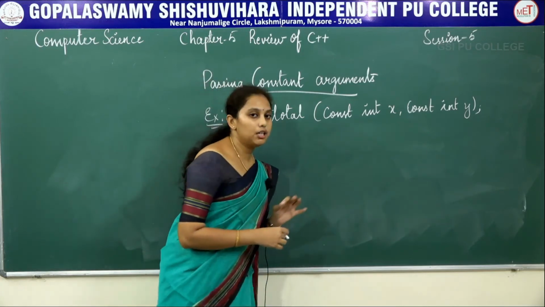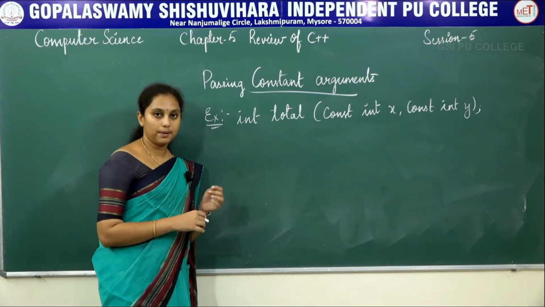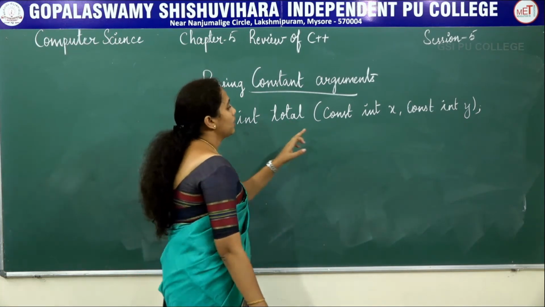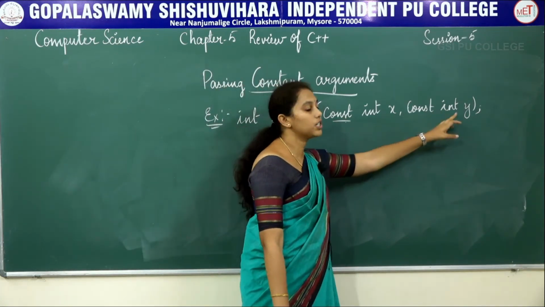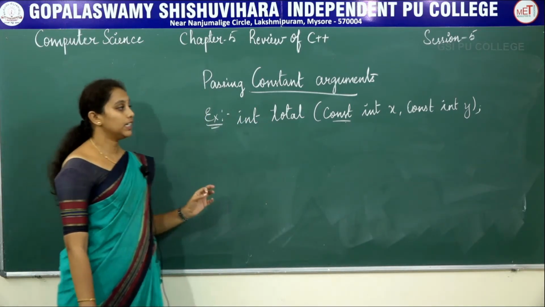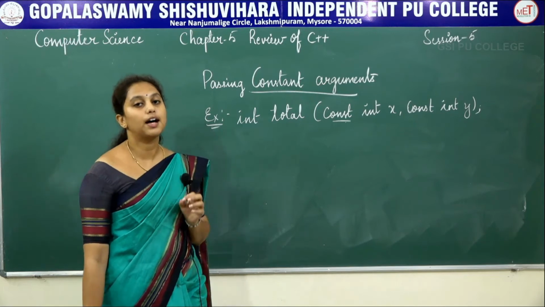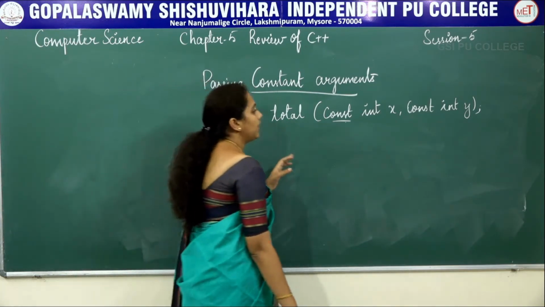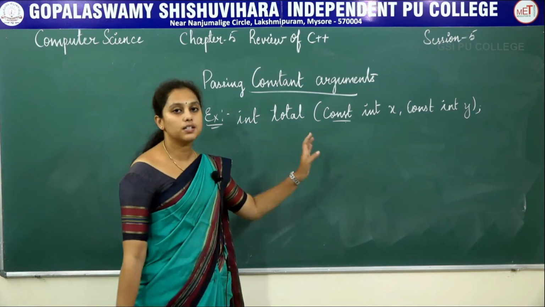If we declare a variable as constant, the compiler cannot modify the value of the variable in the program. See in this example, int is the data type of the function named total. const is the keyword: const int x and const int y. The variables x and y are declared as constant arguments. So this is about passing constant arguments.